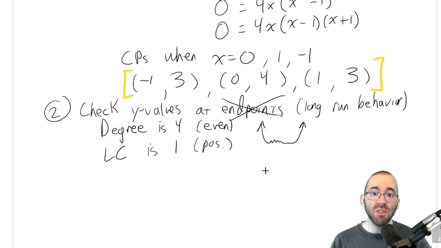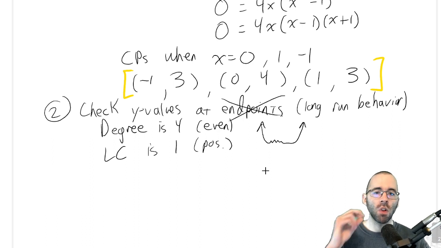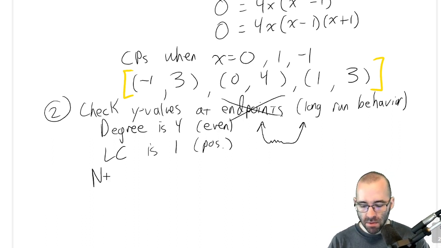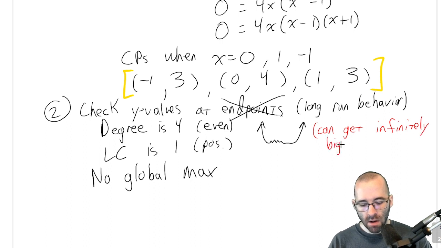Well, this function gets infinitely big. There is no global maximum. Right? This gets infinitely big. But it doesn't get infinitely small, so there still can be a global minimum.